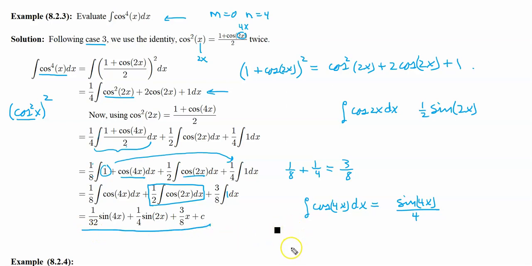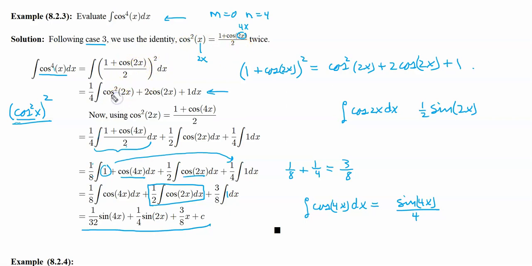And that is it. So you see what we did here. We had to apply case 3 two times as we did this problem. We had cosine to the 4th, we had to write it like this, apply the trig identity, and FOIL it out.